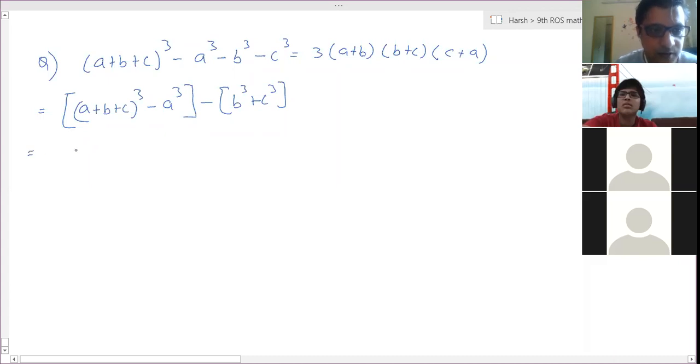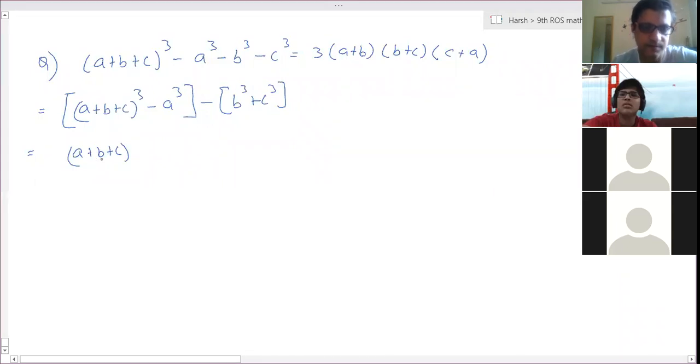Yes, Srinidhi, go ahead. So now A plus B plus C the whole cube minus A cube can be written as A plus B plus C minus A in one bracket. We are writing it in the form of A cube minus B cube, right?